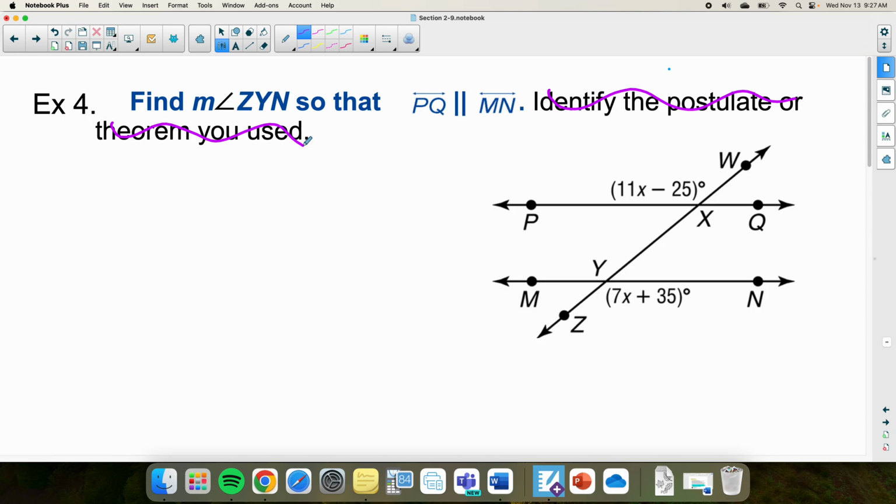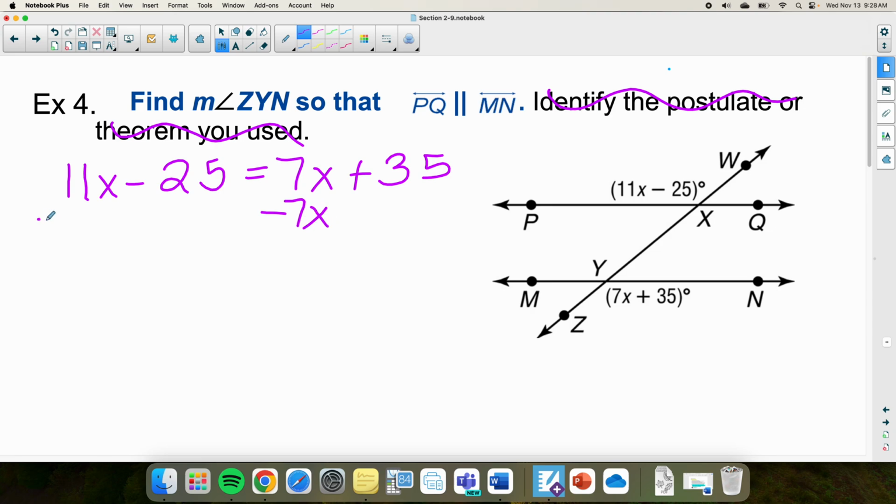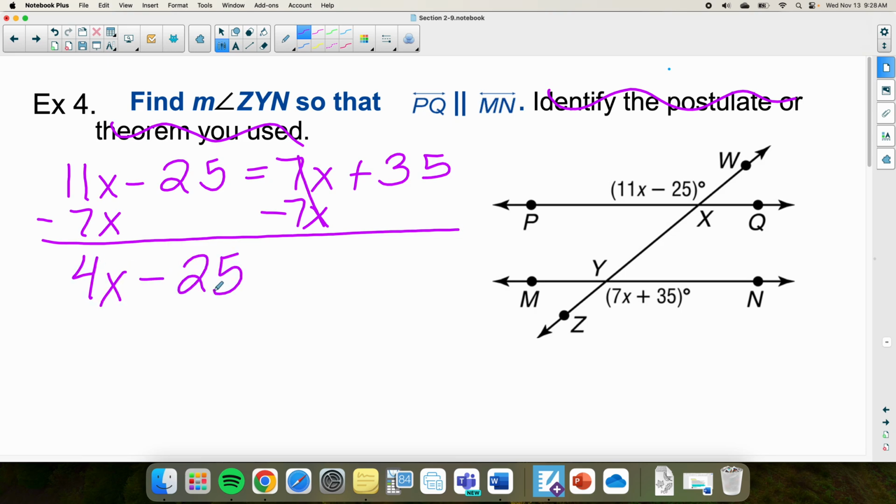Alternate exterior. And what do we know about alternate exterior? They are equal. So we can say 11x minus 25 equals 7x plus 35. Now I'm going to bring the 7x over to the left. 11x minus 7x is 4x minus 25 equals 35.